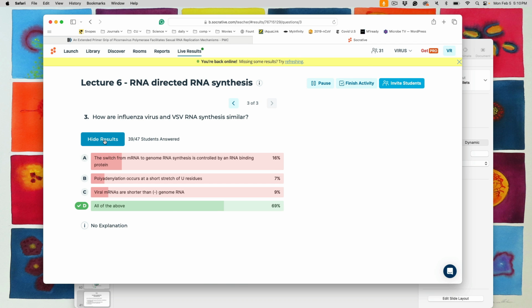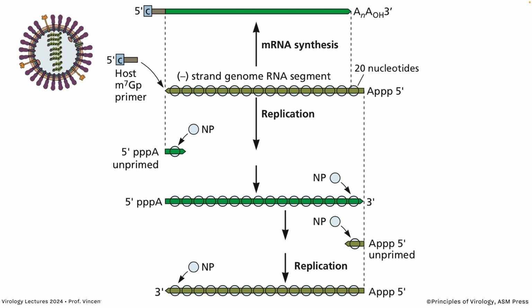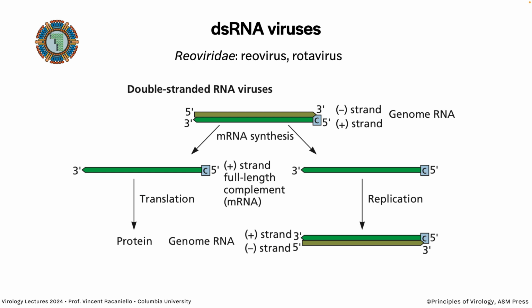Let me show you that. Here, the mRNA is about 20 bases short of the 5' end of the genome. So that can't be a template for viral RNA synthesis. So in both cases, the mRNAs are shorter. So for VSV, they're clearly shorter, right?